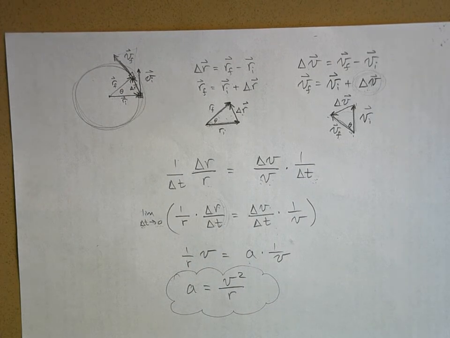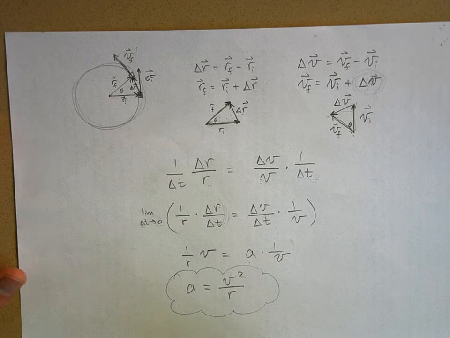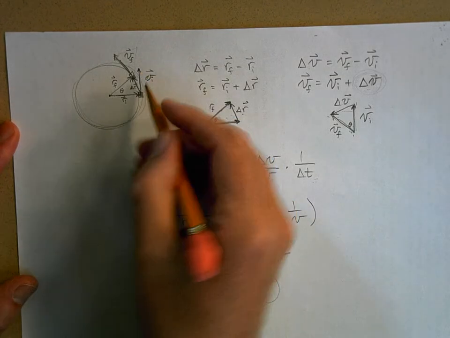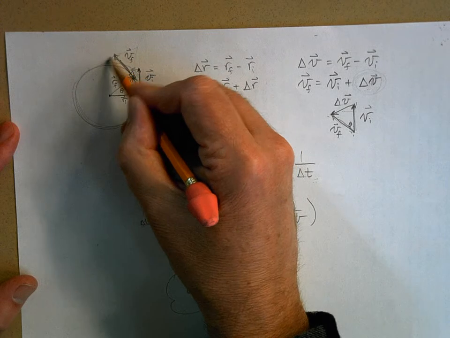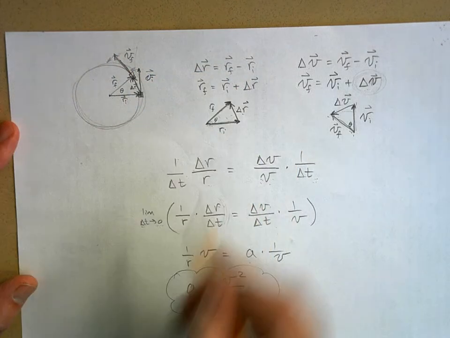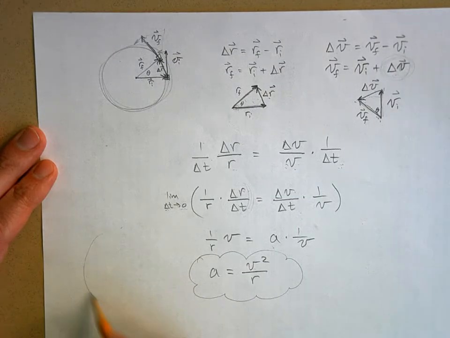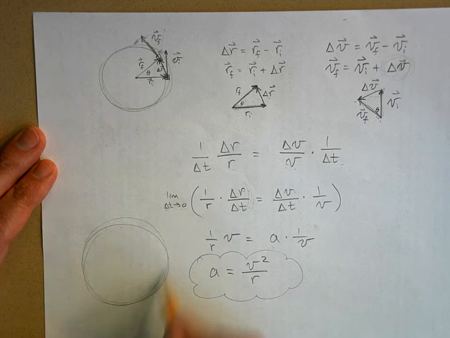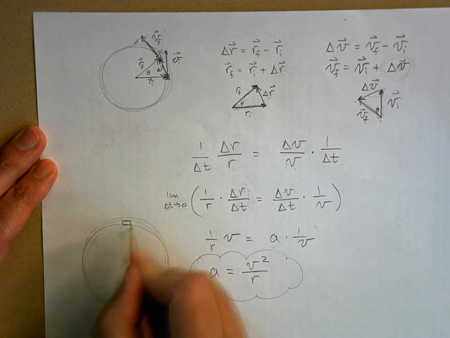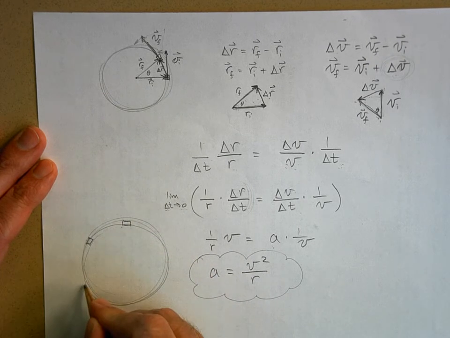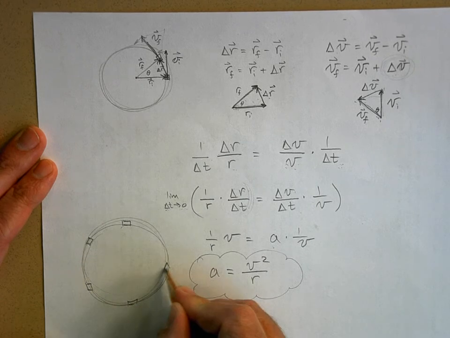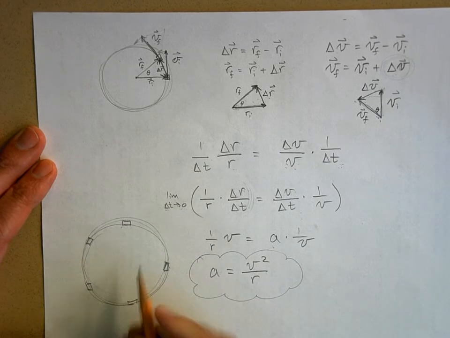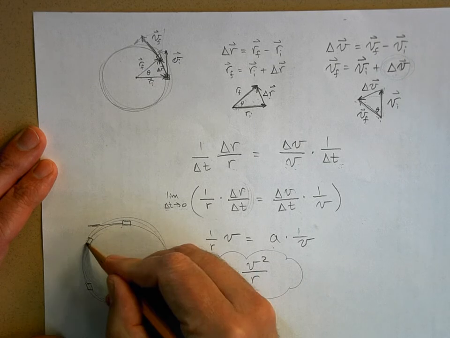Now, what direction is it changing it? Well, if you're moving in a circle, let me redraw it. And I'll draw little different places along the circle. This could be a car. You're looking down on a car, going around in a circle. And here are the velocity vectors.